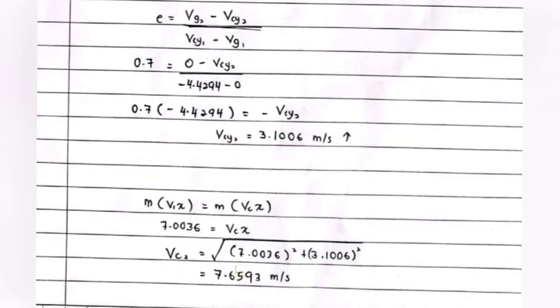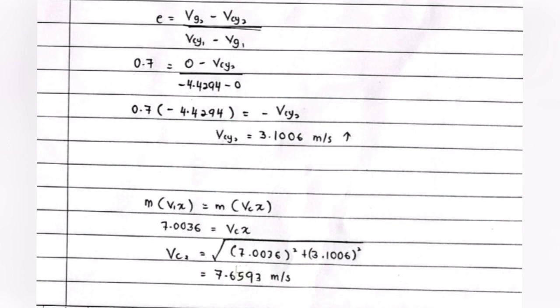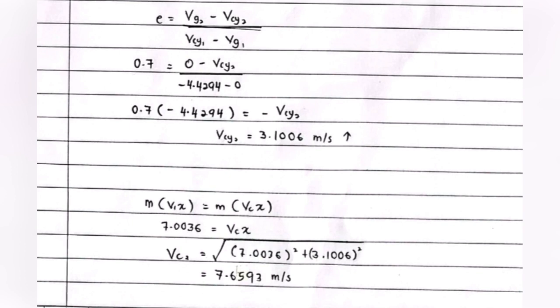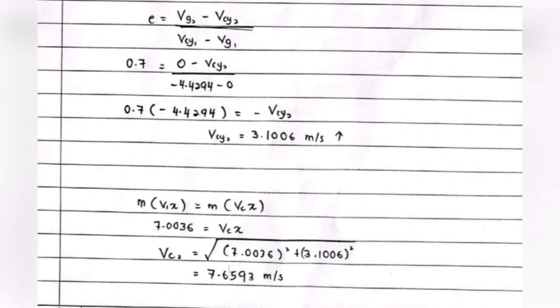The final step is we find vCx. We use the formula m(v1x) = m(vCx), so we get vCx is 7.0036. Then the velocity of the object just after it rebounds from the ground, which is vC2, we got 7.6593 meters per second.